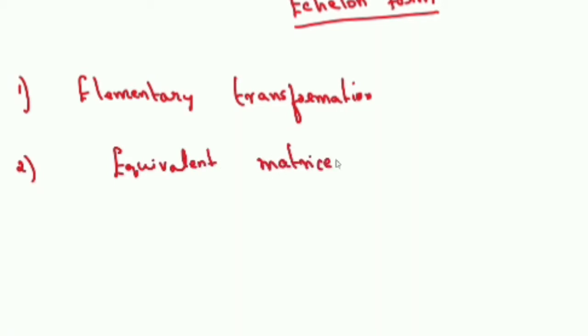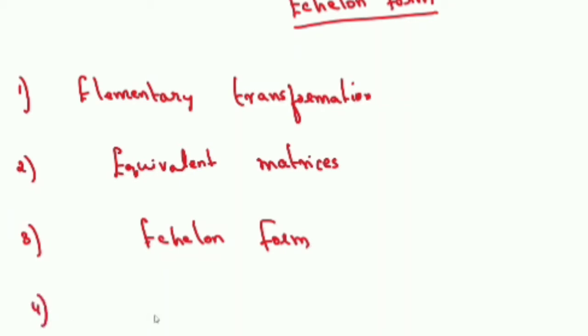What do you mean by equivalent matrices? Then third is the echelon form. What is echelon form? Then how to find the rank. These are the things you're going to learn today.